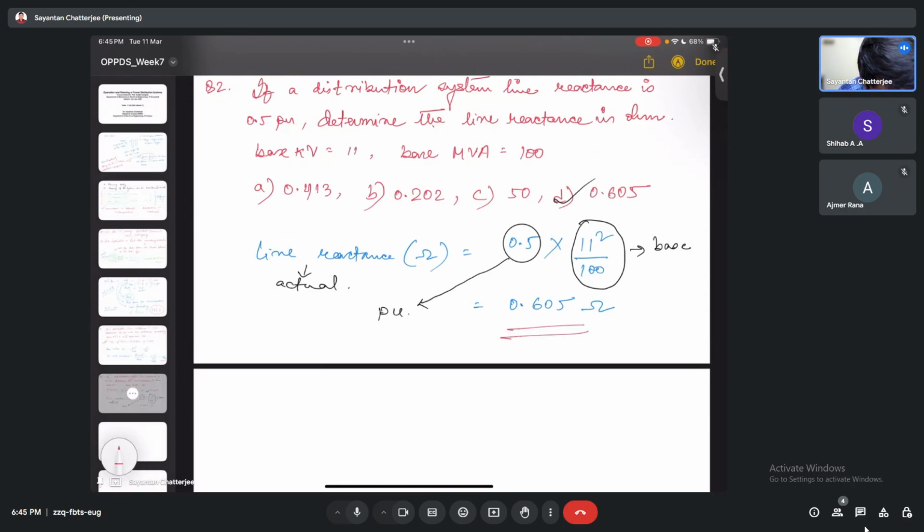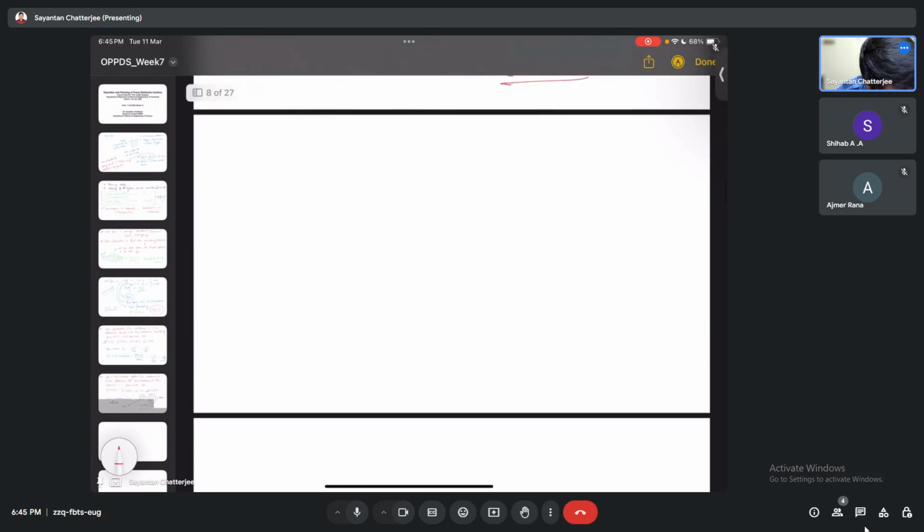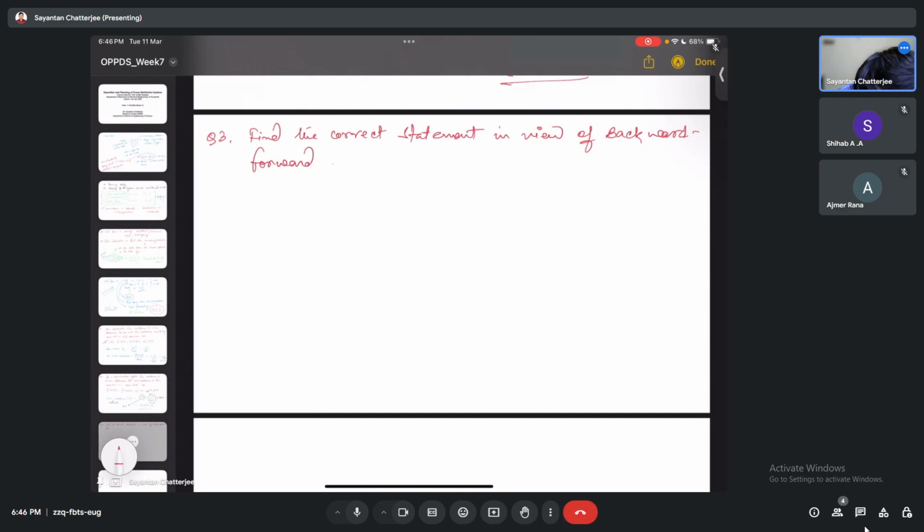Moving on to the next question. Find the correct statement in view of backward forward sweep load flow.